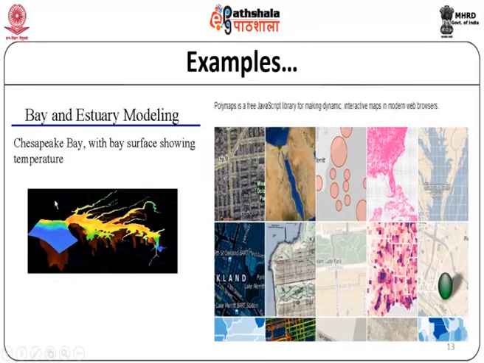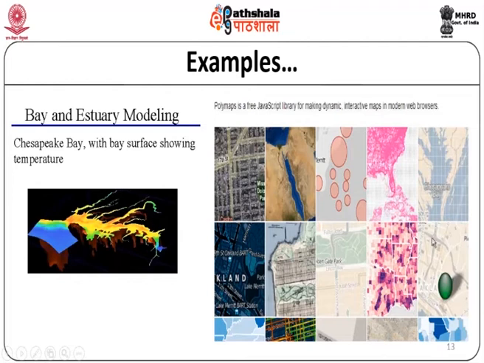The chart on the left-hand side is a graphical representation of bay and estuary modeling, and here the surfaces with different colors indicate various surface temperatures in various bays and estuaries, and this is Chesapeake Bay.